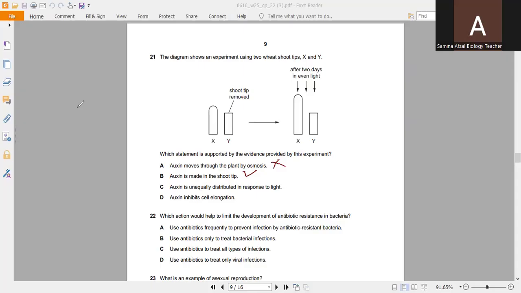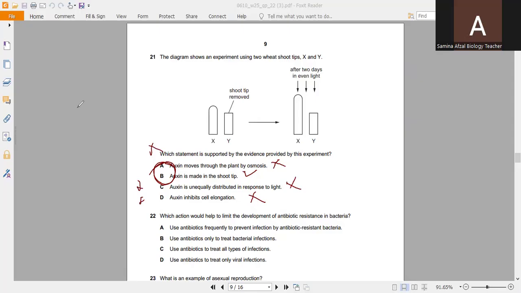Option C is also incorrect, because the shoots are placed in even light from above, so there is no unilateral light stimulus to cause unequal distribution. Auxin inhibits cell elongation? No, it increases cell elongation. So only B is the correct option over here. A, C, and D are not the correct options.